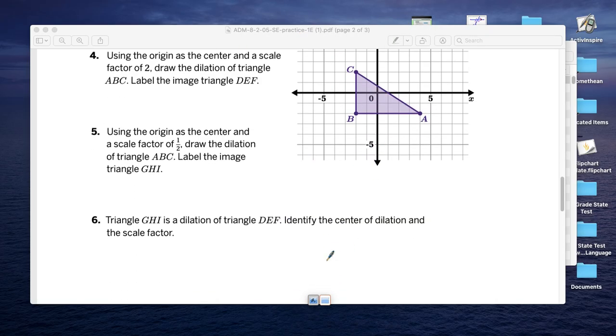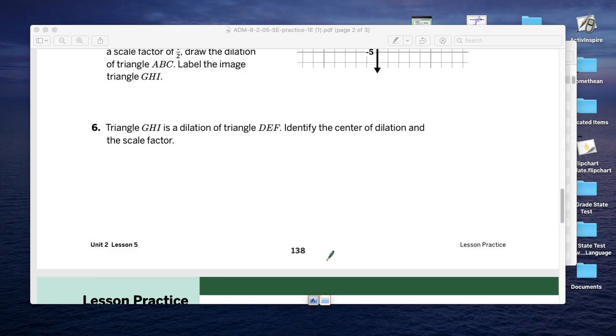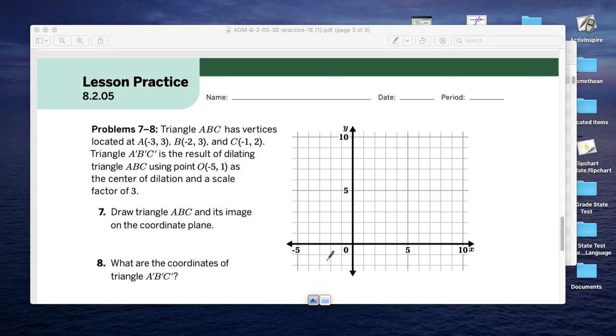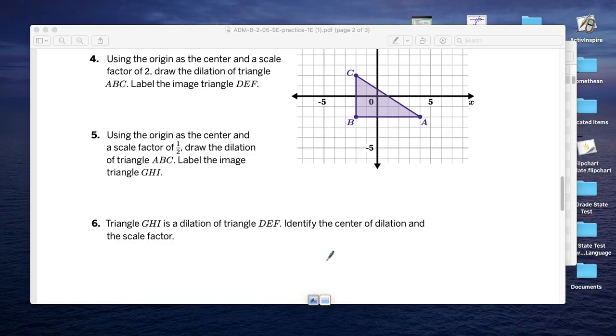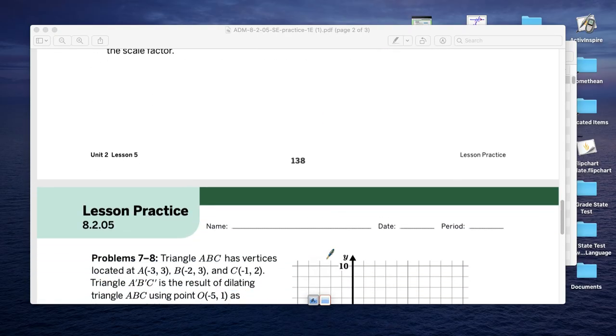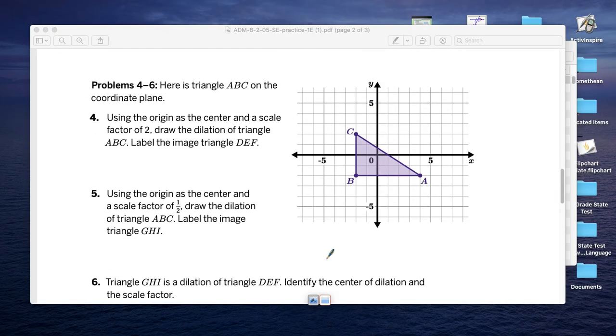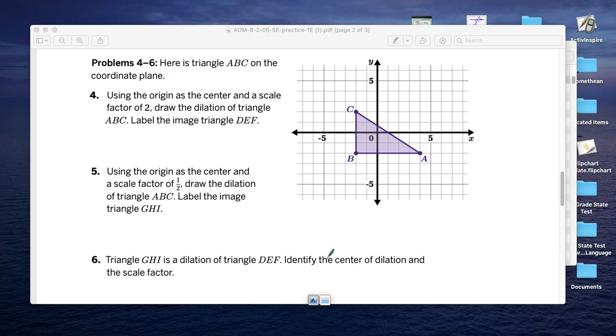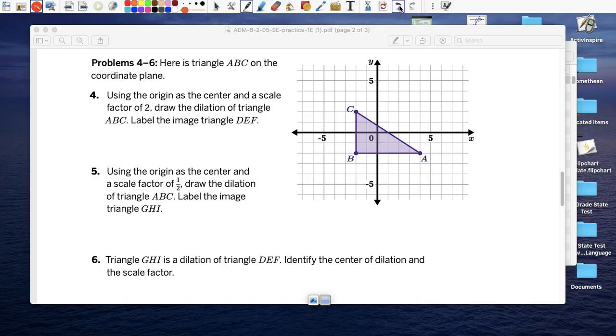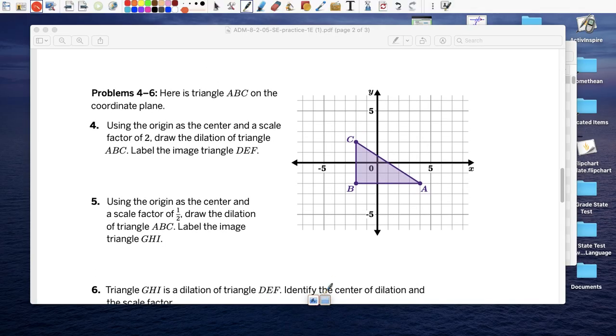Everything's center dilation with triangle GHI. Where's triangle GHI? It's a dilation of triangle DEF. Identify the center of dilation and scale factor.